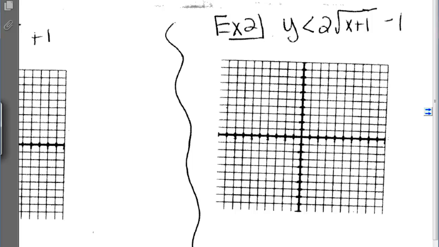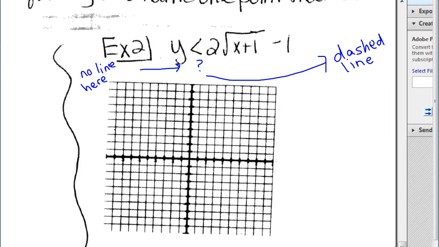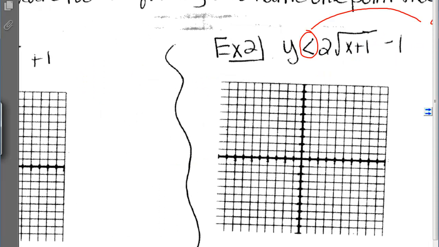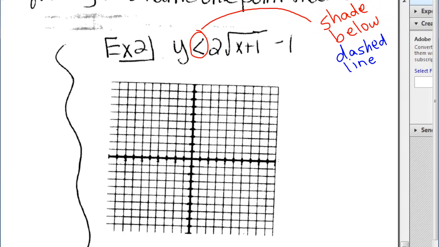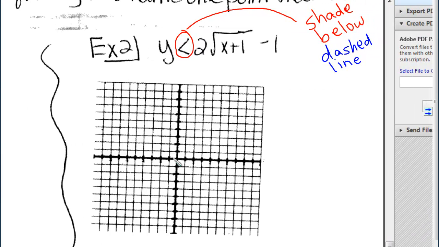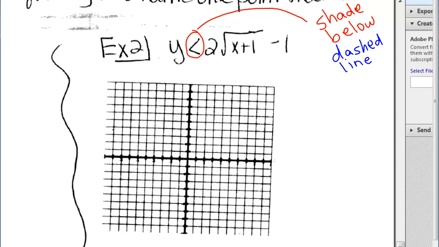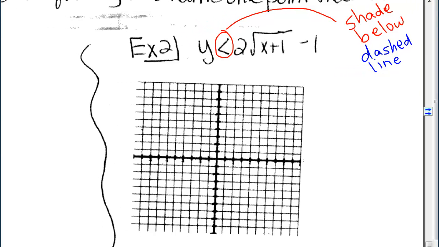Y is less than 2 times the square root of x plus 1 minus 1. We notice that it is a dashed line because there's no equal sign underneath the inequality symbol. We also know we shade below because this is a less than inequality symbol.